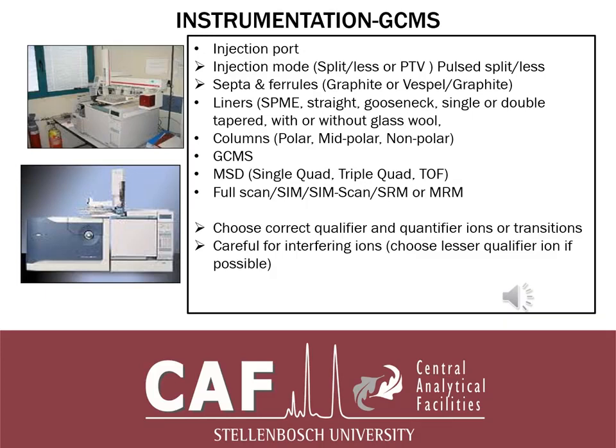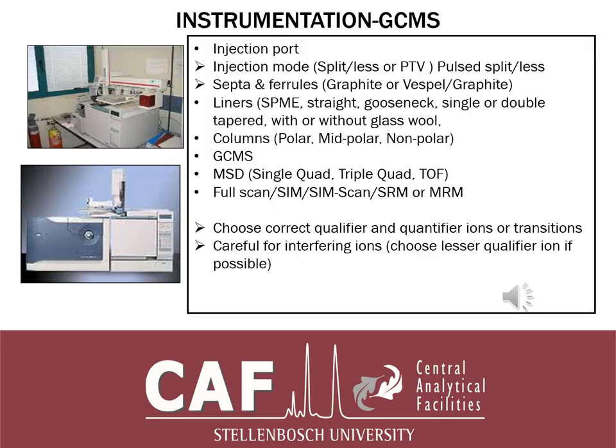It's also important to choose the correct qualifier ion and quantifier ion if you're working with SIM, and also the right transition, just to make sure you don't get interferences. Sometimes one might have to choose a lesser qualifier ion if you've got interfering ions.